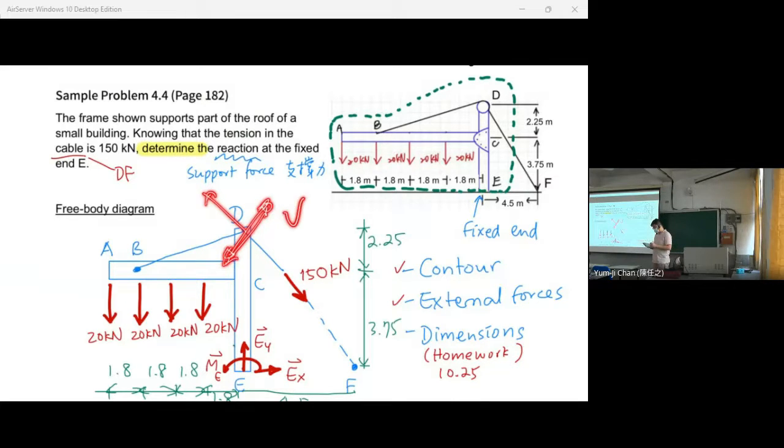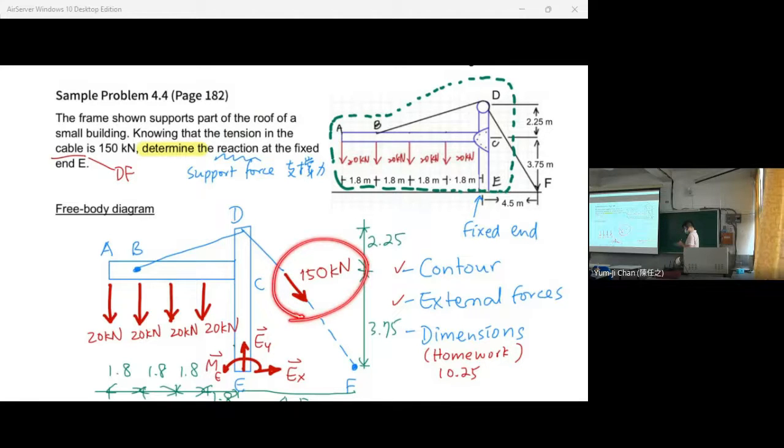This is okay, but this is not. So we have one force here, 115 kilonewton, because the question has given us that the tension in the cable is 115 kilonewton. So we write it down here.